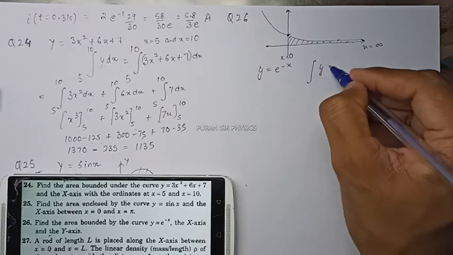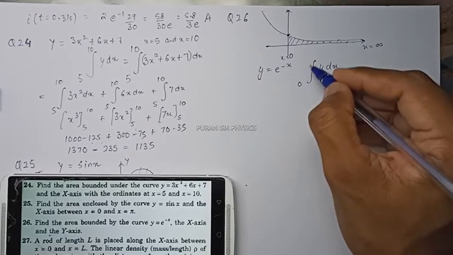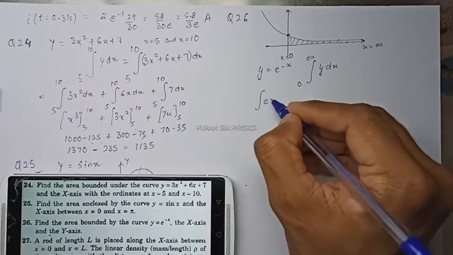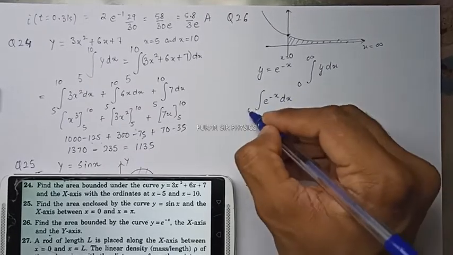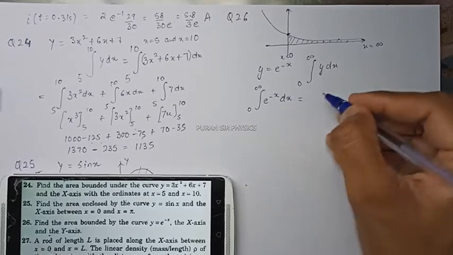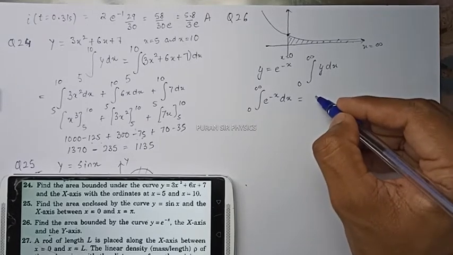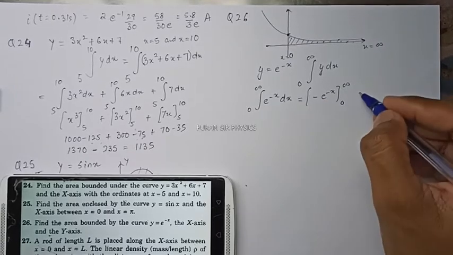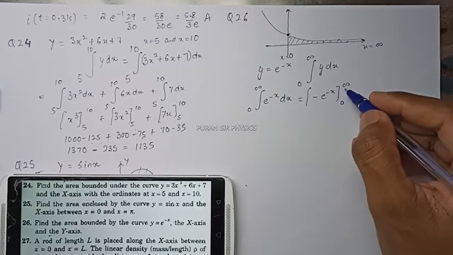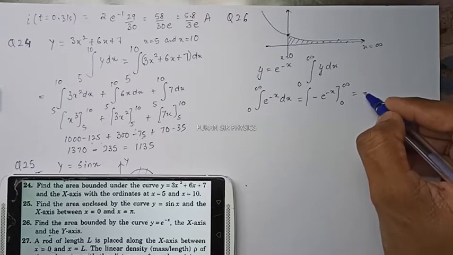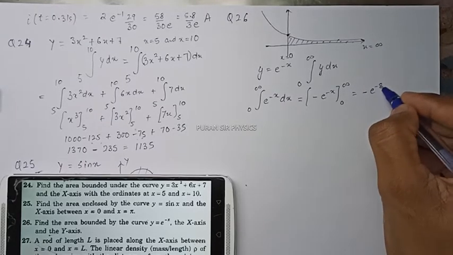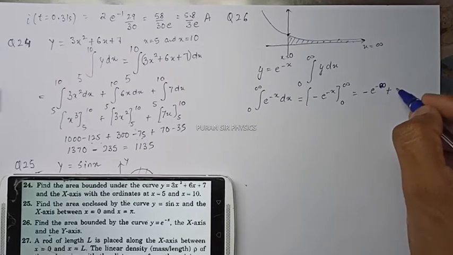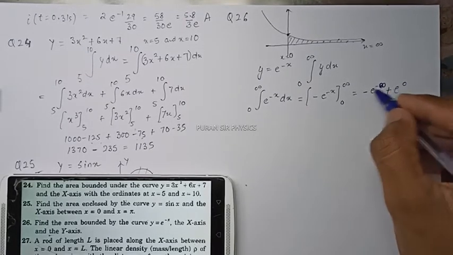So it will be integral of y dx from 0 to infinity, and it comes out to be minus e raised to power minus x from 0 to infinity. So if you put the value, it will be minus e raised to power minus infinity plus e raised to power 0.